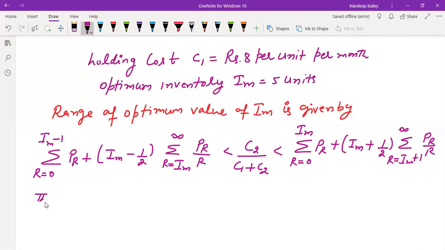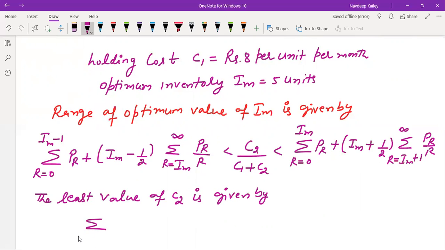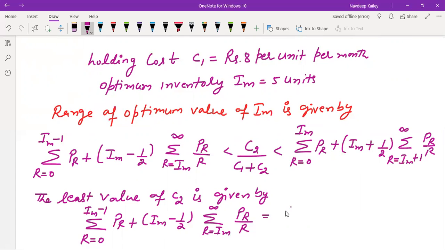The least value of C2 is given by considering summation r equal to 0 to Im minus 1 Pr plus Im minus 1 by 2 summation r equal to Im to infinity Pr by r is equal to C2 by C1 plus C2.